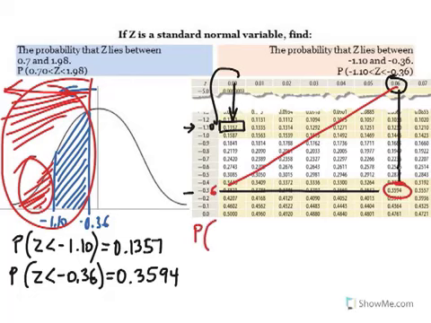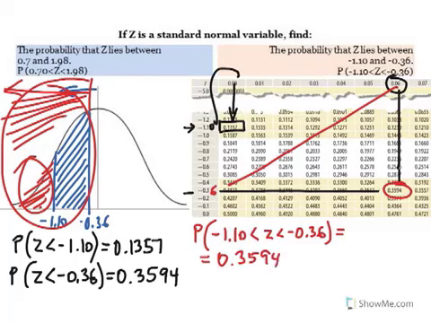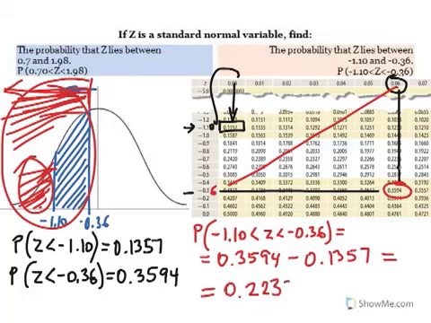So the probability that z is between minus 1.10 and minus 0.36 will be the probability of minus 0.36, which is 0.3594, the probability of this bigger area, minus the probability of this smaller area here, 0.1357, and that probability will be 0.2237.